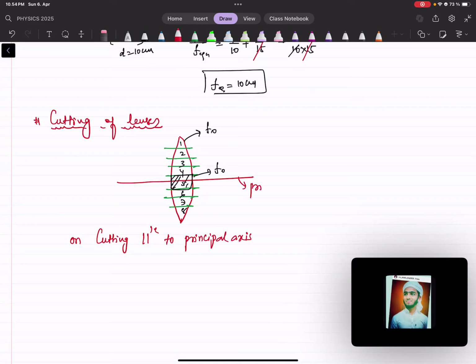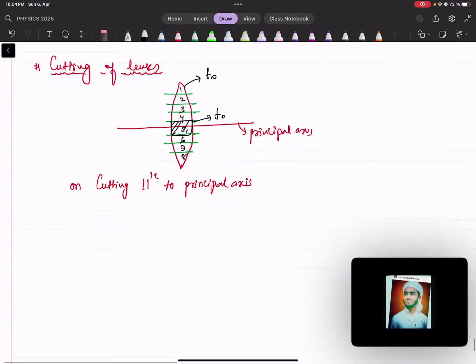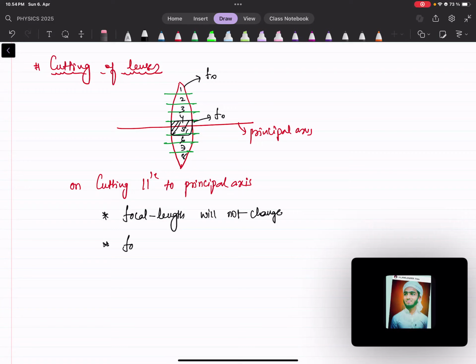So on cutting parallel to the principal axis, one thing is very clear: the focal length will not change. The focal length of each part will be equal to the original.